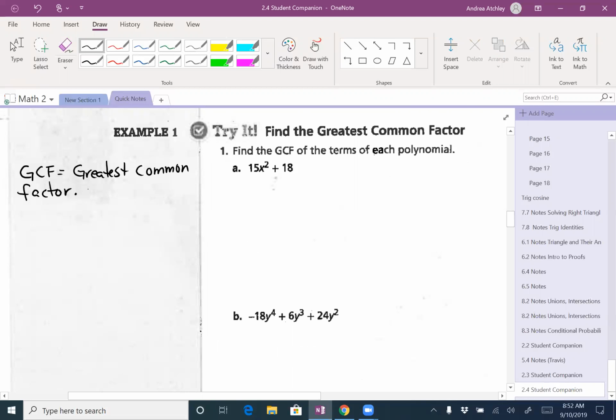In this case, it is the greatest monomial that all terms are divisible by, or can be divided by.